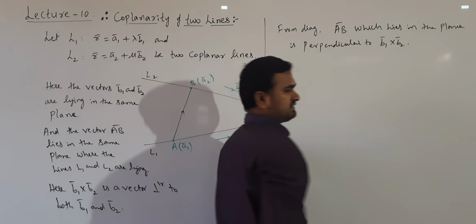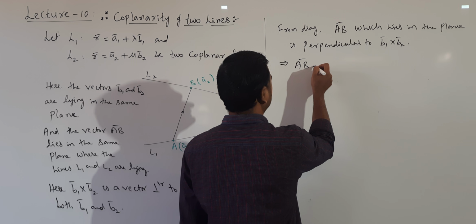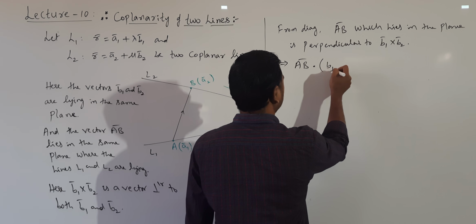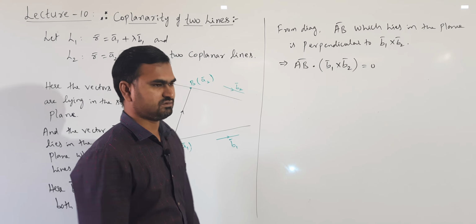This is a condition we are going to use. AB bar is perpendicular to B1 cross B2, which implies AB bar dot B1 bar cross B2 bar should be 0. These two vectors are perpendicular, so their dot product should be 0.